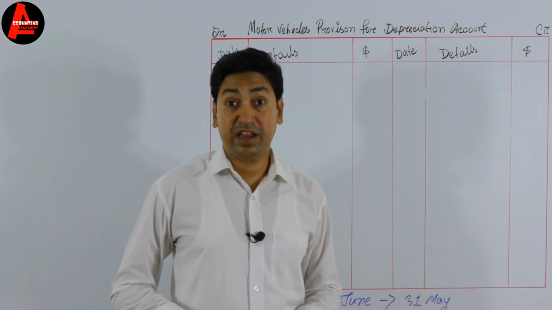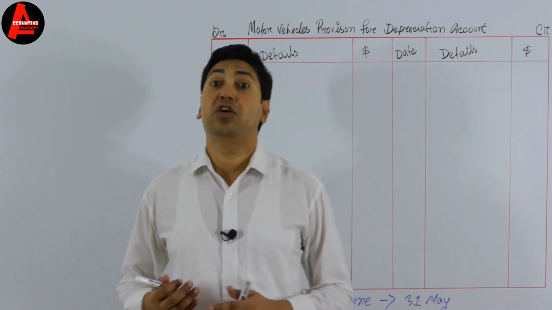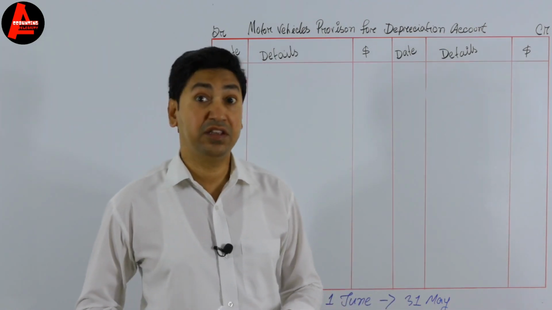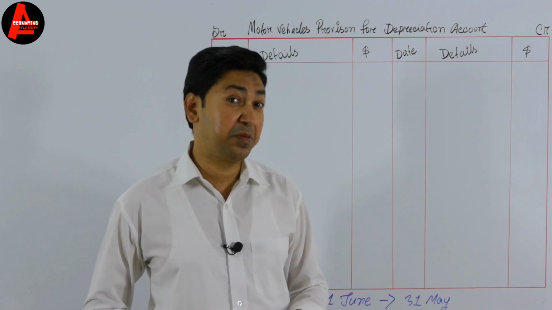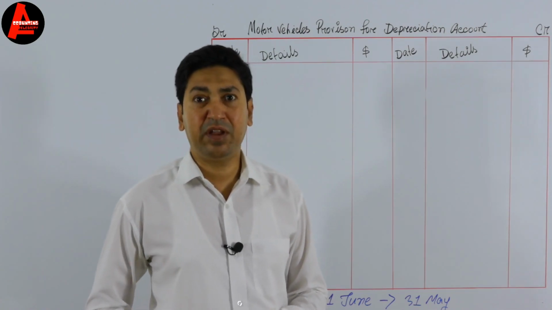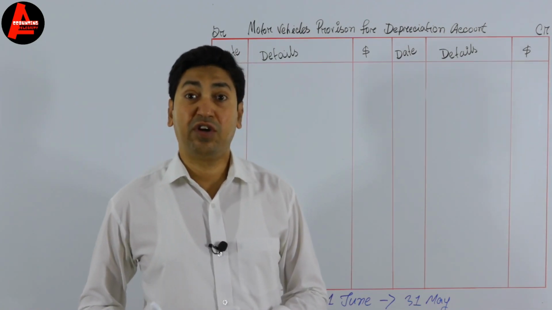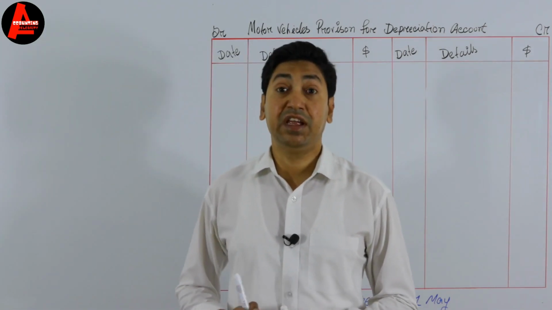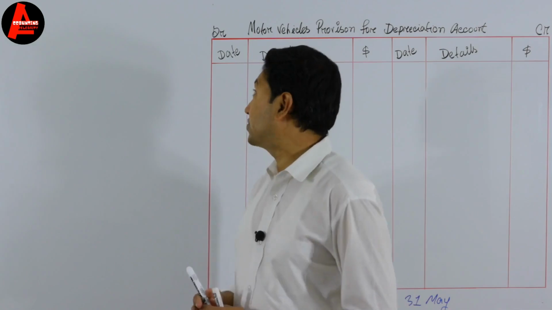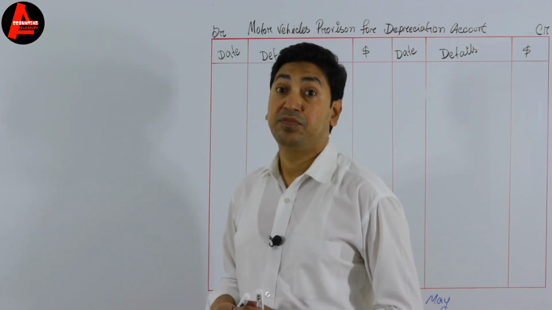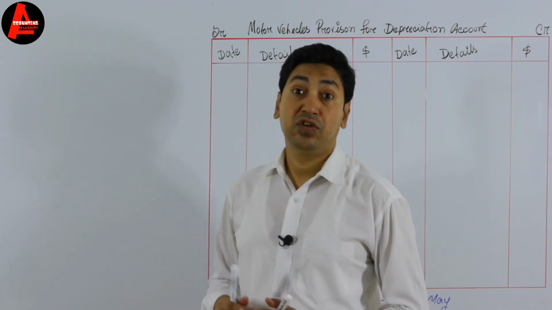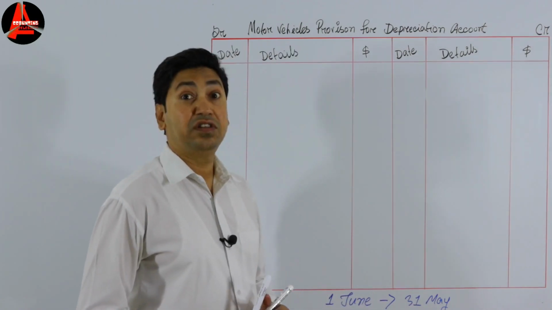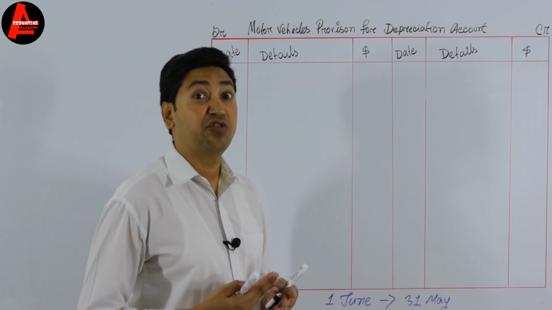So what I was telling, opening balance. If it is a new business, there will be no opening balance. If it is an old business, there may be an opening balance, maybe not, it depends on the question and the business. In this question we see there is no opening balance for the provision for depreciation account. Don't forget, the provision for depreciation account has a credit balance.